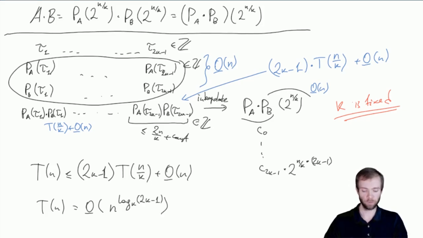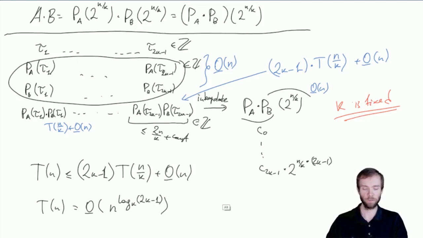So for k equal to 2, this gives us exactly the bound of Karatsuba and Hoffman, and for greater k, this logarithm actually can be made closer and closer to 1, as close as we want.